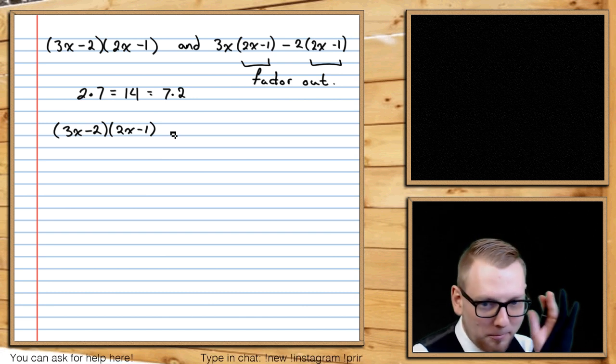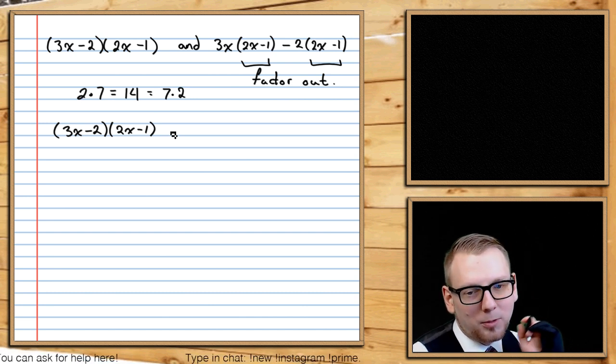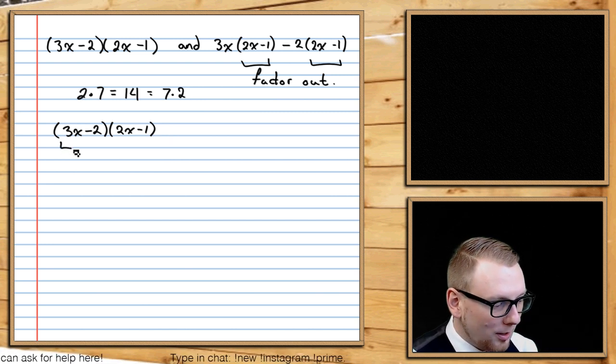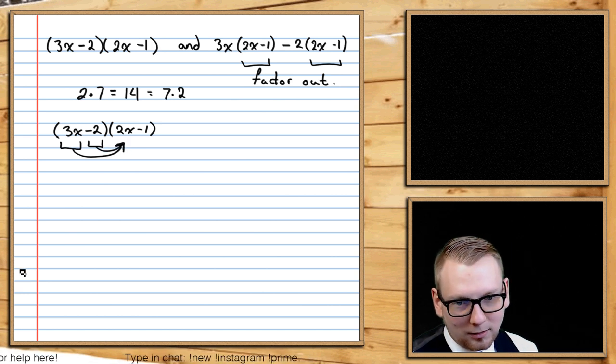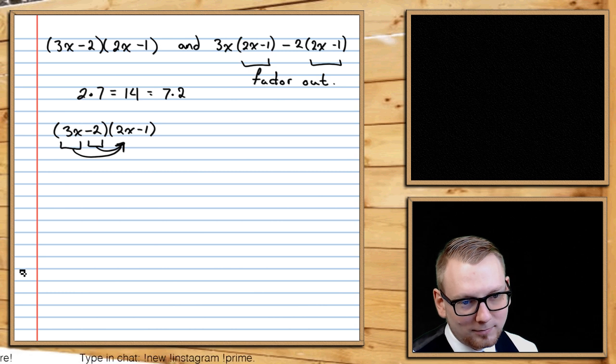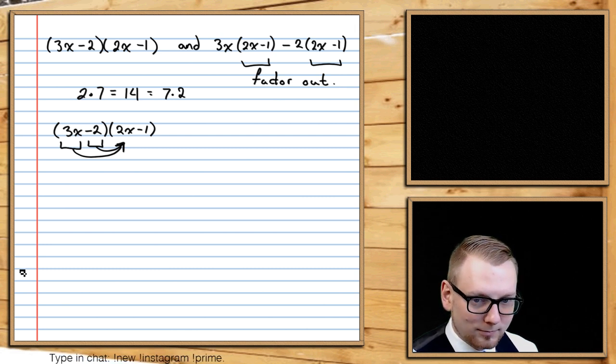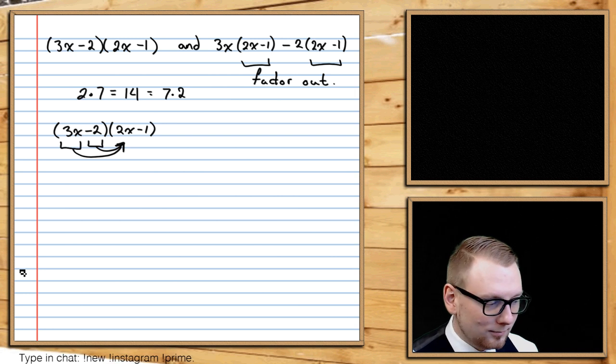Okay, so this is exactly what we do. We need to multiply 3x onto it, and then we need to multiply the minus 2 onto it and add them together. Nope.